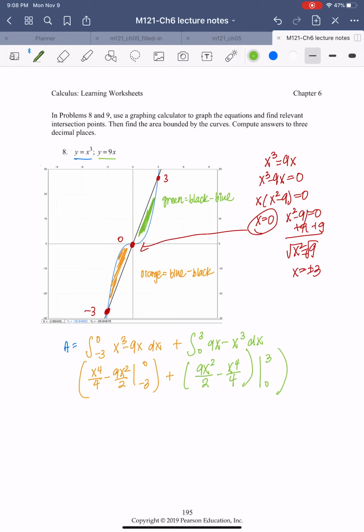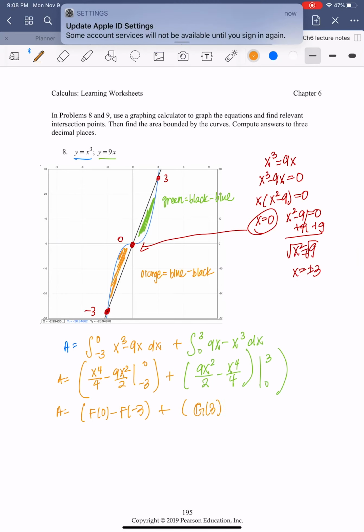And then you have f of 0 minus f of negative 3, and then g of 3 minus g of 0.